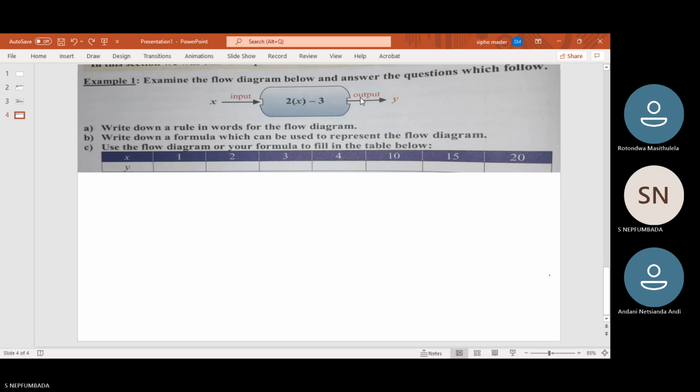Which question are you answering on that one? X is independent to what? X doesn't depend on y. Is that so?